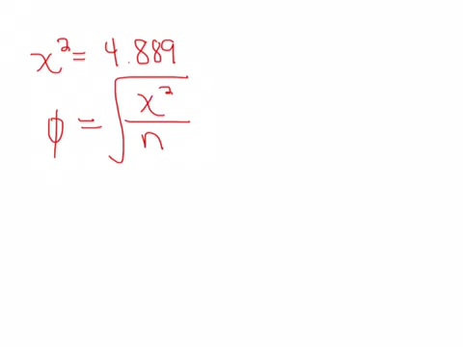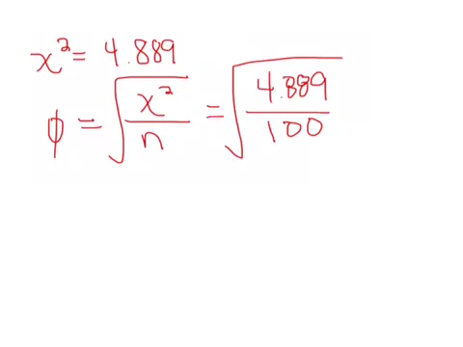So I put 100, and chi-square is literally your obtained test statistic. So 4.889, all of that under square root. You should end up with 0.22. So there's our effect size, 0.22.